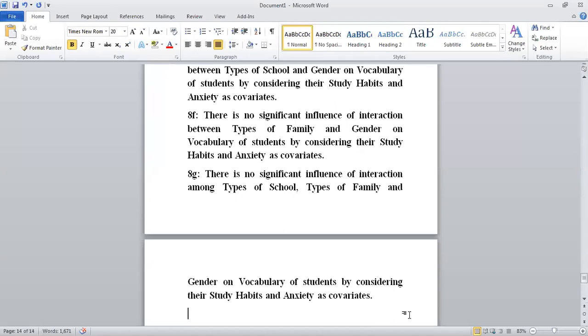So these are the wordings of the objective and the hypothesis when you want to write separate and you want to use the word influence.